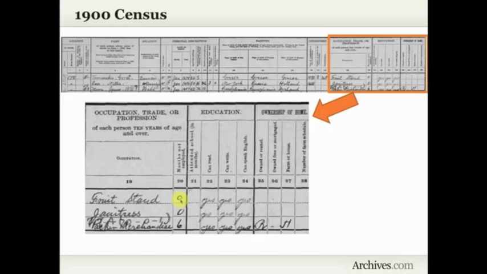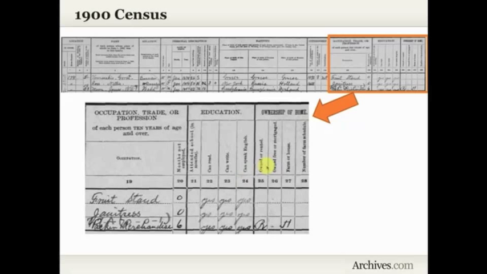There's a column for number of months not employed. So this person down here at the bottom had actually not been employed for 6 months. Questions about education. Had they attended school? And if so, how many months in the last year have they attended school? Could they read? Could they write? And could they speak English?